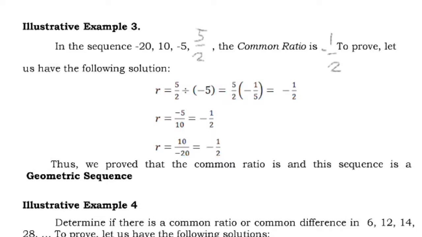Then the next one, negative 5 divided by 10, simplify that one, that is negative 1 half. Then 10 divided by negative 20, that is also negative 1 half. Thus, we prove that the common ratio is negative 1 half and the sequence is a geometric sequence. So, there is a common ratio, so ito ay geometric sequence.